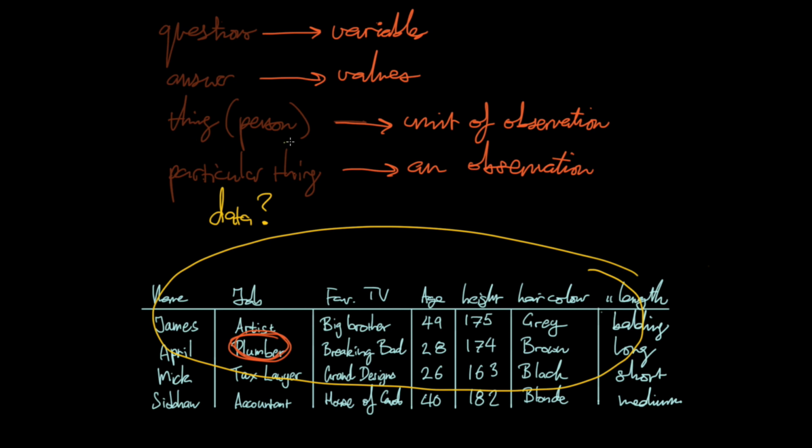The thing we're looking at is our unit of observation, and each thing is an observation. So for each observation, each variable takes a particular value. Or, in the language we used earlier, for each person, there is a specific answer to each question.